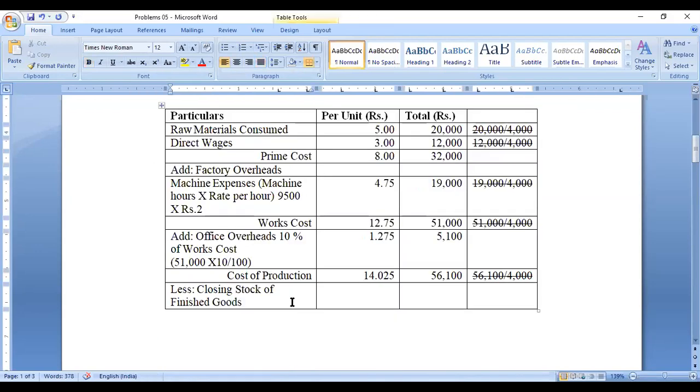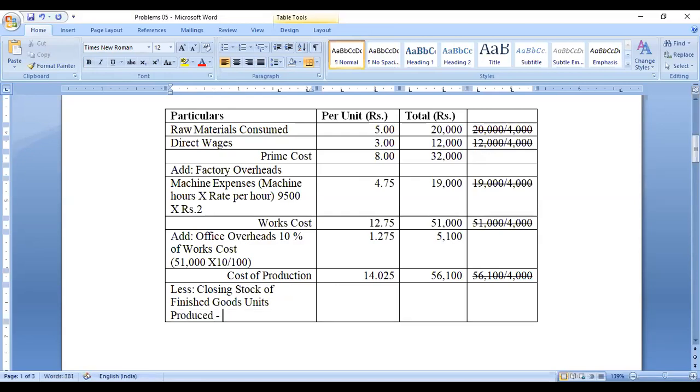So within 10 minutes it will close. Before that we complete the past mouse. Right. What is the closing stock? Units produced minus units sold, the difference between the two values, is called closing stock units.